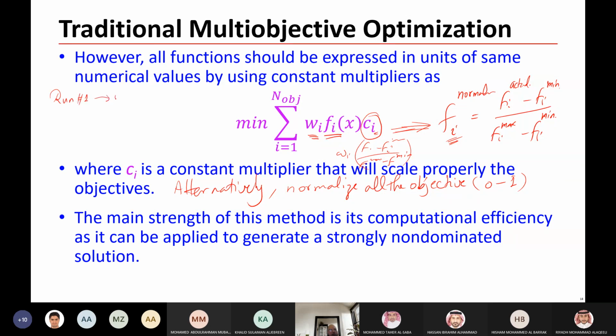You consider only F1. You optimize only F1, assuming that the weighting factor is 1 for F1 plus 0 F2 plus 0 F3. So you are concentrating only on the first objective function, cost, for example. So you minimize the cost.